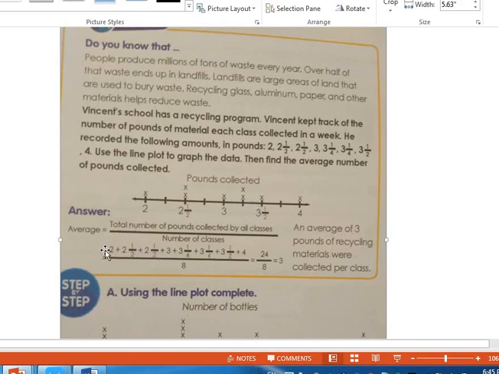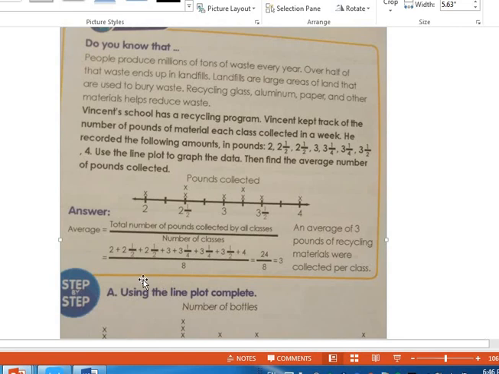Okay, the average. This is the rule, I must study this well: the total number of pounds collected by all classes divided by the number of classes.